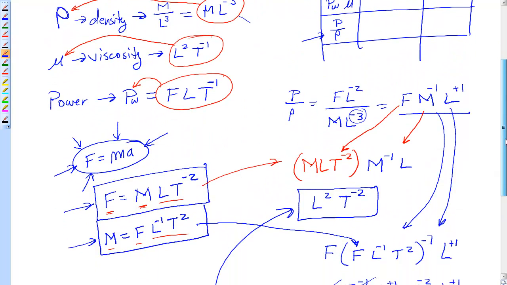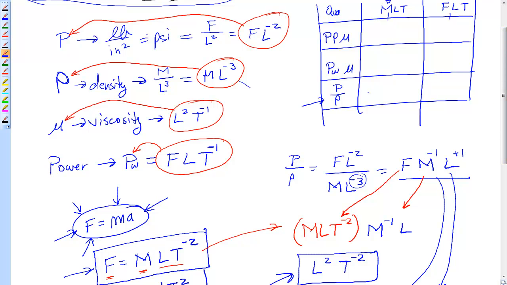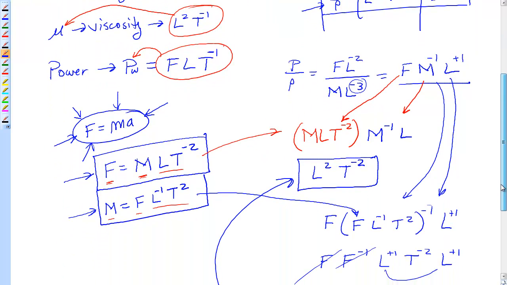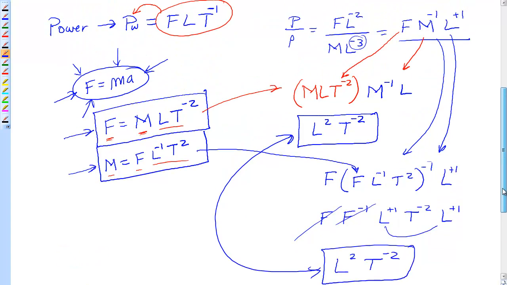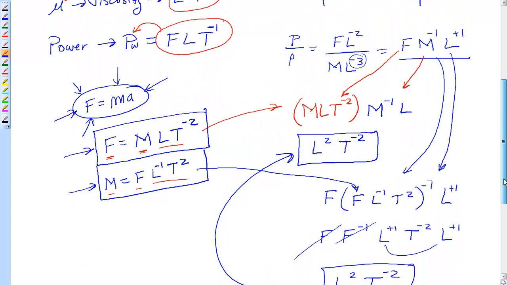So if someone were to give you this table, they would expect to see the answer to look something like this. However, if someone were to put in, say, power times viscosity, well, let's take a look. Power times viscosity, the units on the power, we're going to just grab them up here.